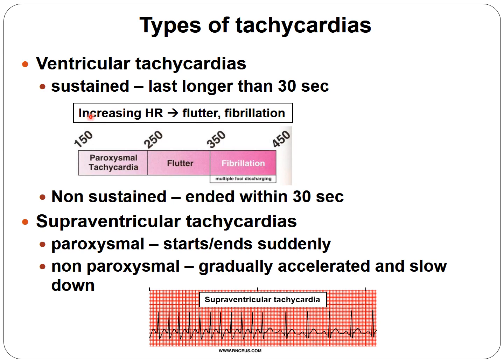Very importantly, a ventricular tachycardia that continuously increases the rate can be very dangerous and can transform from paroxysmal to flutter and to fibrillation. Supraventricular tachycardias can again be paroxysmal, that starts and ends suddenly, or non-paroxysmal, that gradually accelerates and slows down. Here you can see a supraventricular tachycardia that ended suddenly.